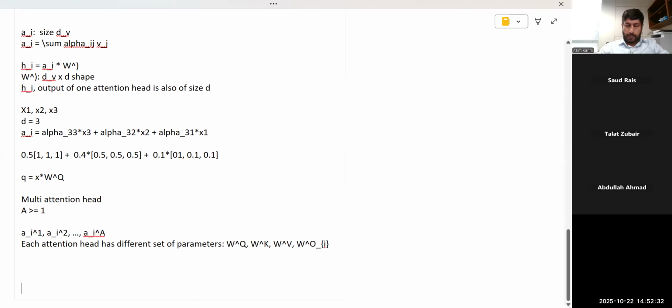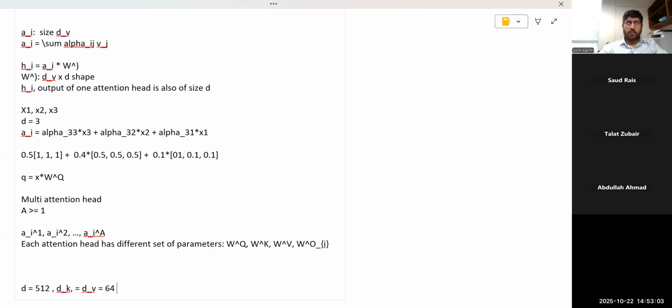Okay? So if we talk about the original transformer that was proposed in 2017, उसका जो D था वो 512 था, meaning that the input vector x or embedding E has a size of 512. ठीक है. और उसने D_K और D_V सेम लिया था और वो 64 थे. ठीक है.